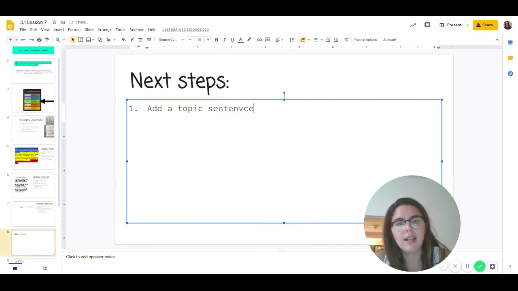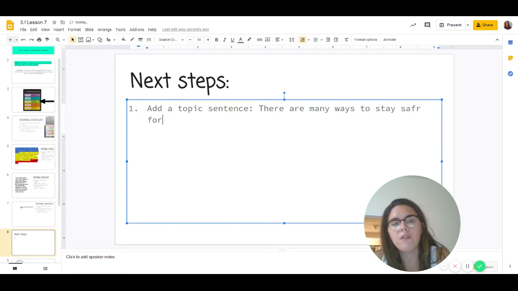It would be something like, since there are many ways to stay safe from COVID-19, right? I would add something like that.